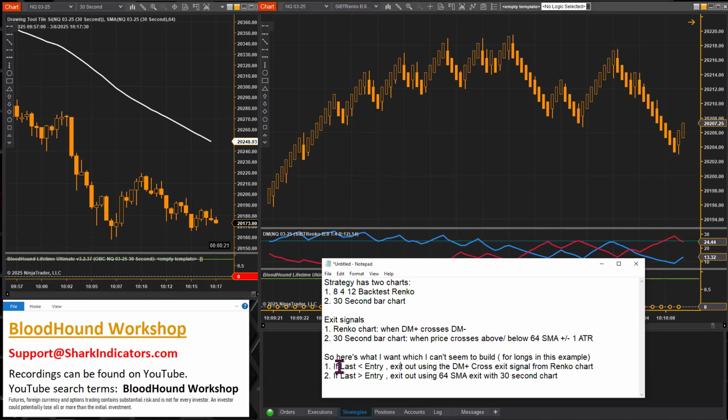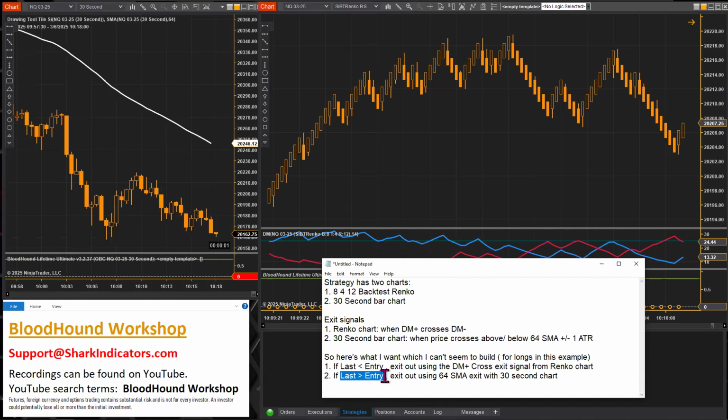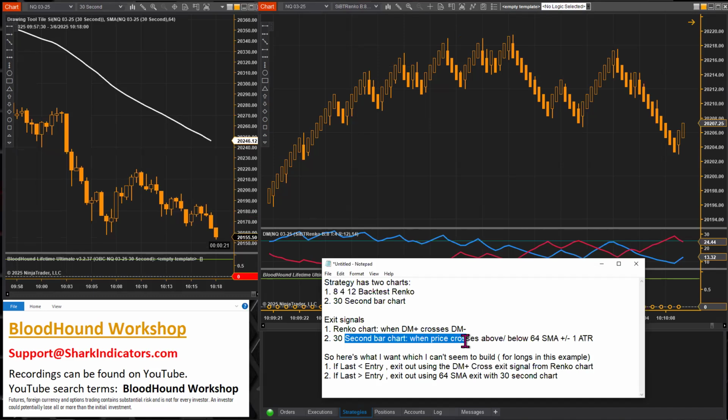So what we're going to do today is build these exit conditions here in Bloodhound, and then Blackbird, depending on whether the trade is in a loss or is profitable, will decide which exit signal it will be looking at to decide whether to exit the trade or not.